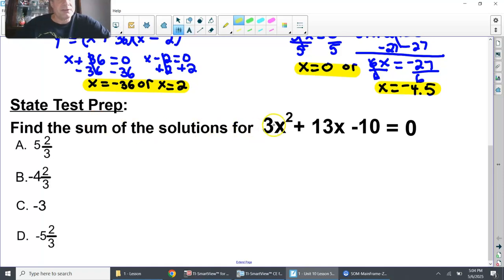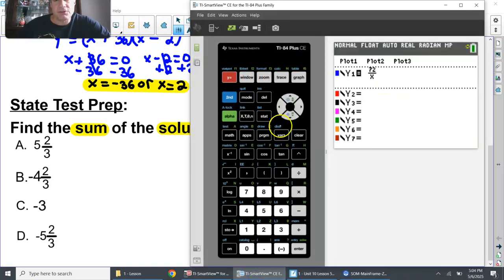So let's find the sum of the solutions for this. So we're going to just bring this and put this directly into the calculator. This is y equals.